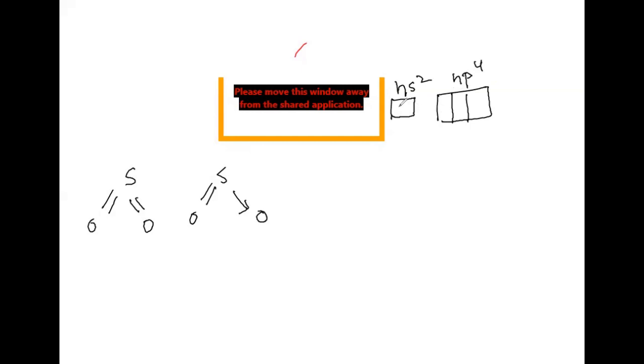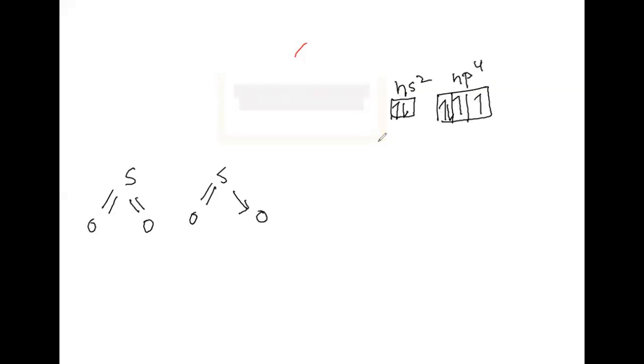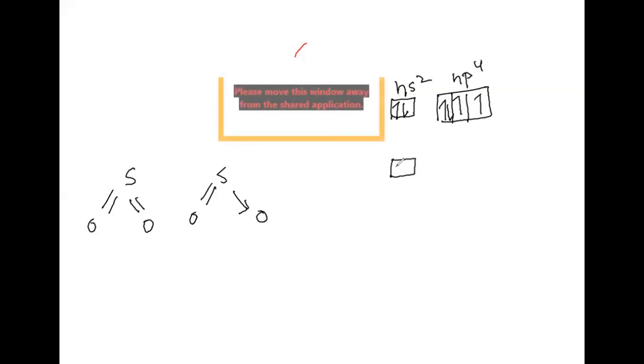Now ns2 np4. ns2 means here I can take one like this, one like this, and in the p orbital we can write 1, 2, 3, and the fourth one I can keep like this. Suppose we move to the excited state, what happens?